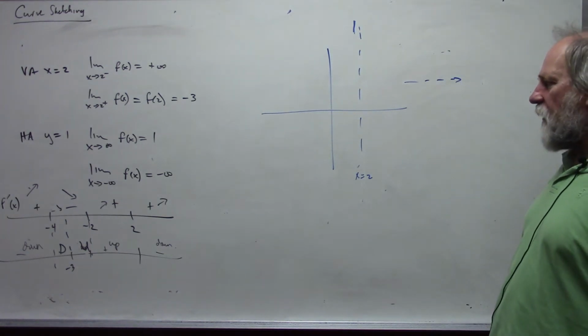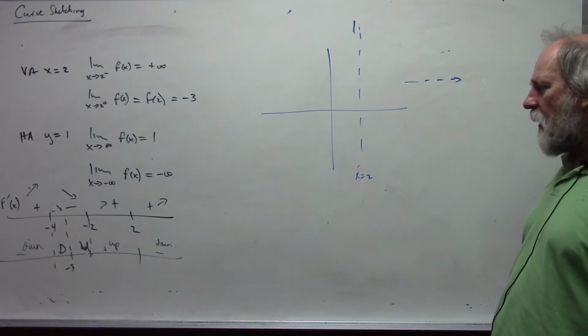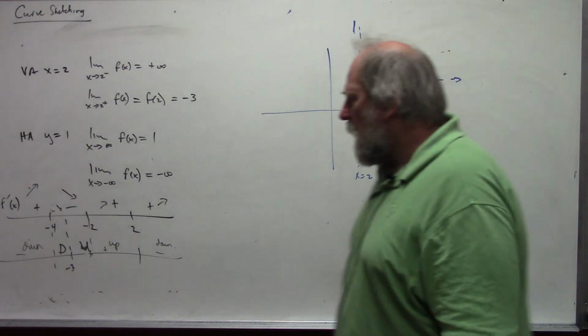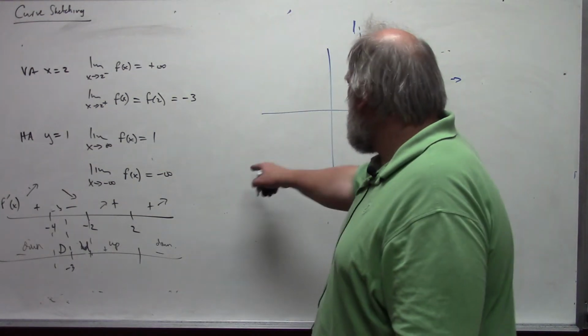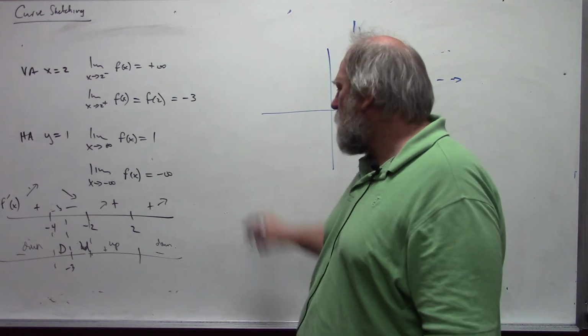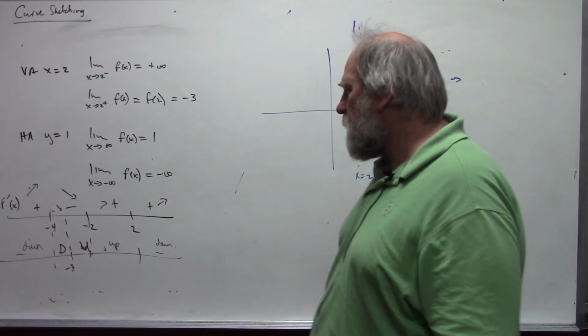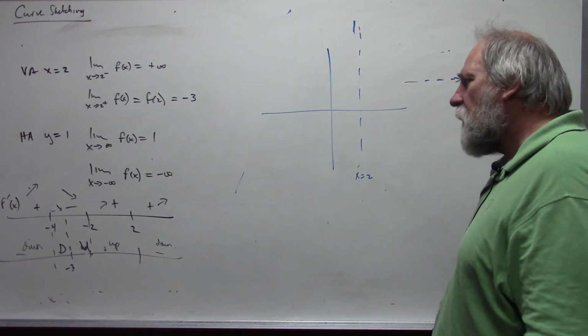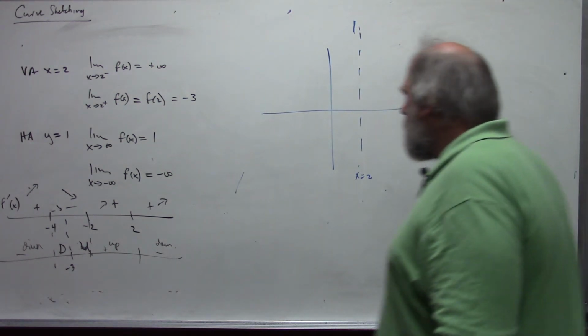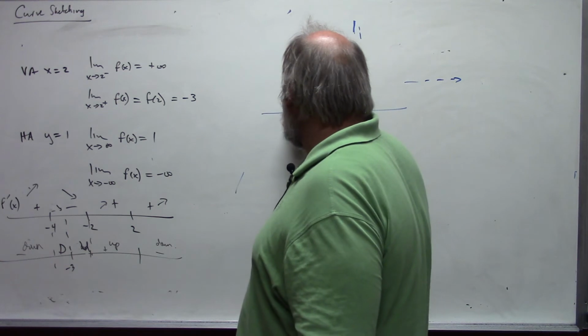My function is increasing. Well, it goes to negative infinity as x goes to negative infinity. My function is down here at negative infinity. It's increasing until I get x equals negative 4. Let's suppose this is negative 4.